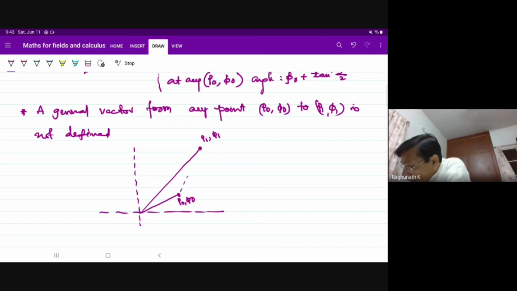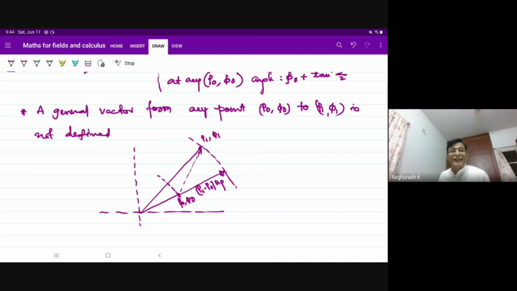I want to define a vector like this as the vector sum of radial component and phi component. I will consider a circle of radius rho naught, a circle of radius rho 1. Without changing phi, first of all, I will go from rho naught to rho 1. What is this? Rho 1 minus rho naught a rho.